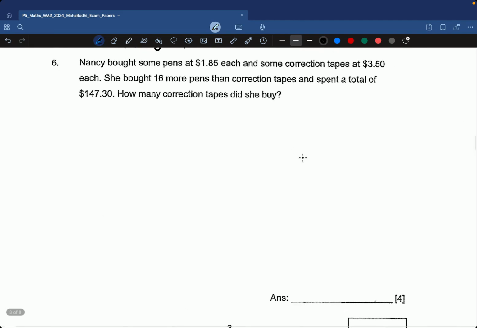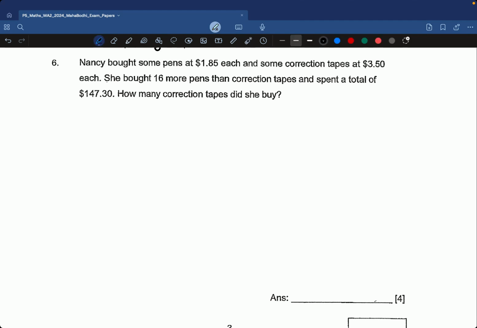Question 6. Nancy bought some pens at $1.85 and some correction tapes at $3.50. She bought 16 more pens than correction tapes and spent a total of $147.30. How many correction tapes did she buy?